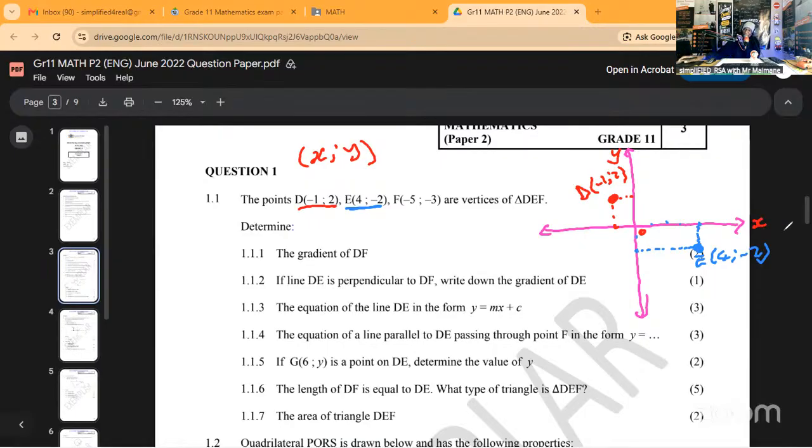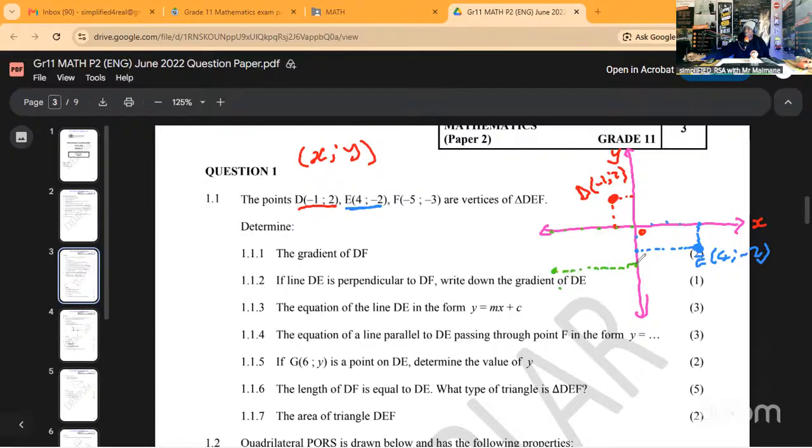Lastly, F is minus 5x and minus 3y. So F will be minus 5, and then that would go like 0, minus 1, minus 2, minus 3, minus 4, minus 5x, and minus 3y can be somewhere there.